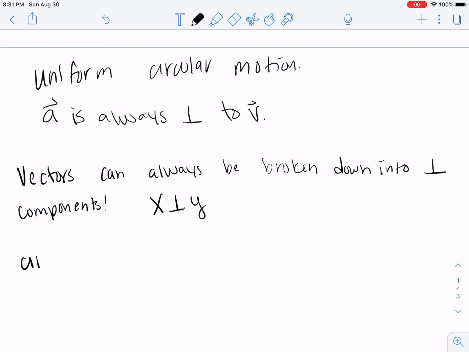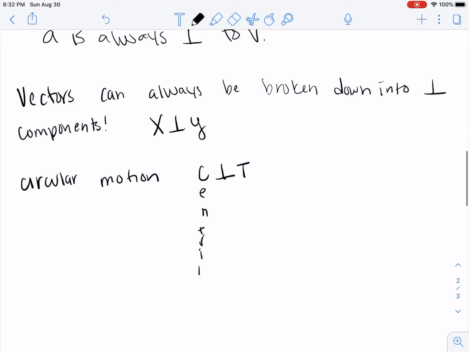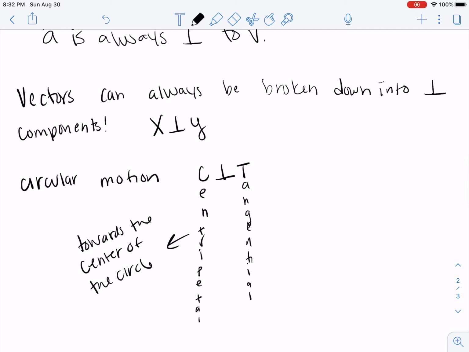But when we're dealing with circular motion, we're going to do centripetal and tangential. Centripetal is towards the center of the circle, and tangential is along the path of the circle.